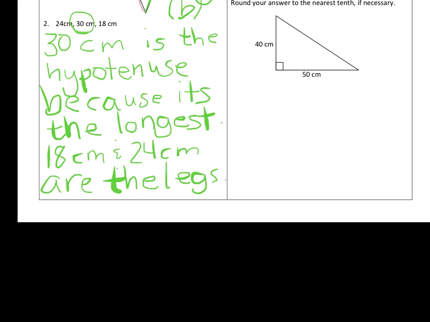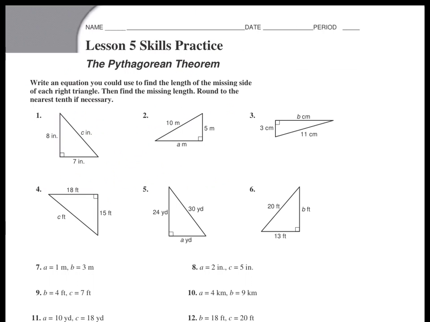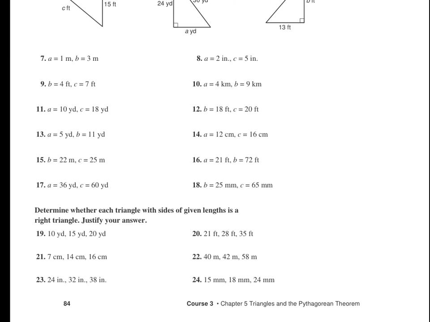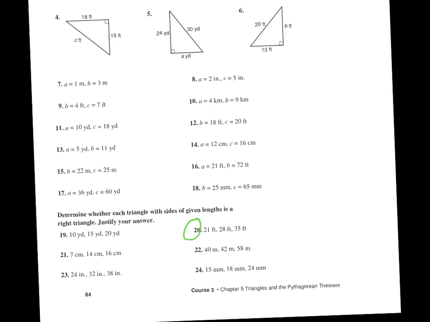Okay, at this point I would like you to pause the video and look at your Lesson 5 skills packet. On Lesson 5 skills practice, on number 3 and on number 20, I want you to identify the legs and the hypotenuse of those two triangles.